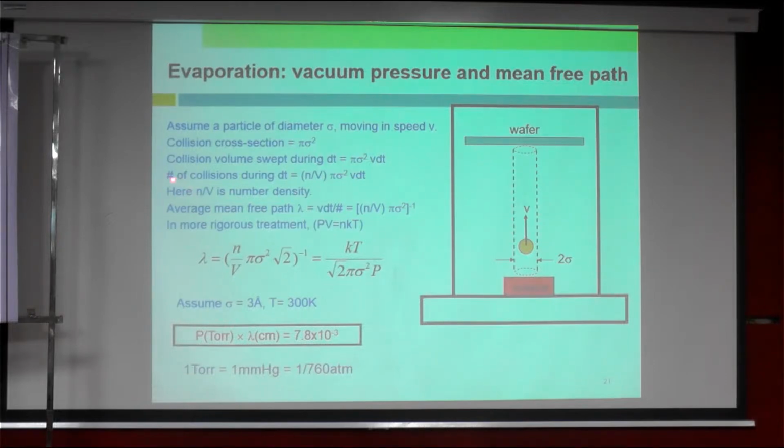So the number of collisions during the time is this equation, where n divided by V is the number density. With this equation, we get that the density is not that high when we compare with the speed if you use a sputtering machine. Assume sigma as 3 Angstrom, T is 300 K. With this, you can have a power of 7.8, for example.